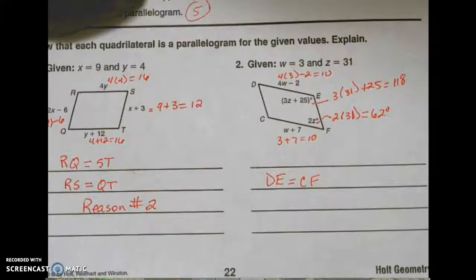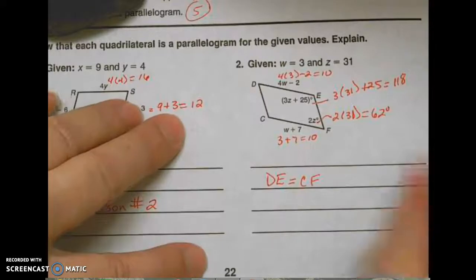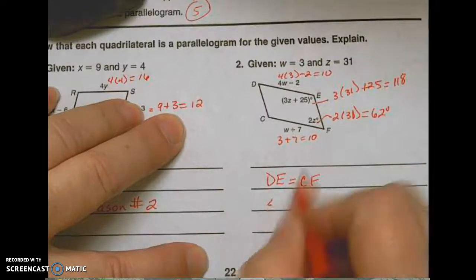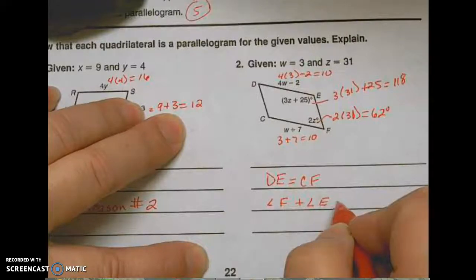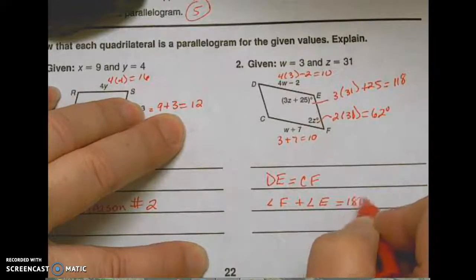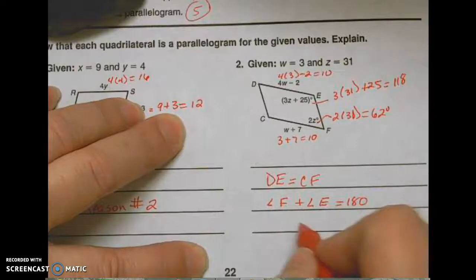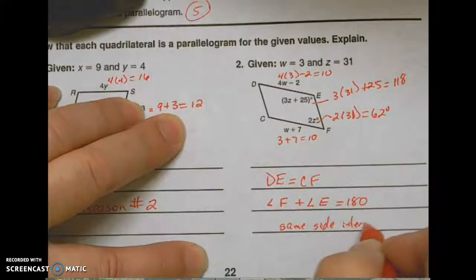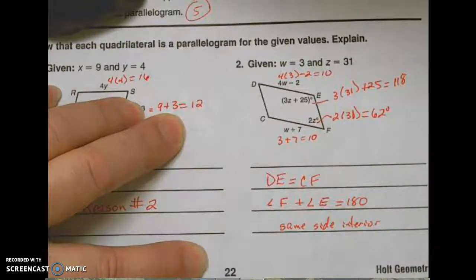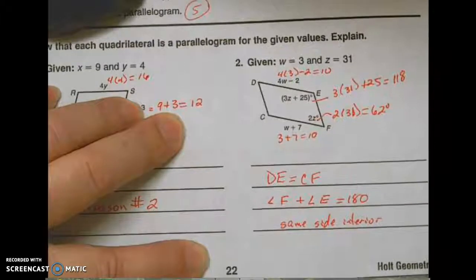So one thing I know about my angles is that they are supplementary. So I know that angle F plus angle E add up to equal 180 degrees. Those are same side interior angles, or consecutive interior. We called them both when we talked about our parallel lines.